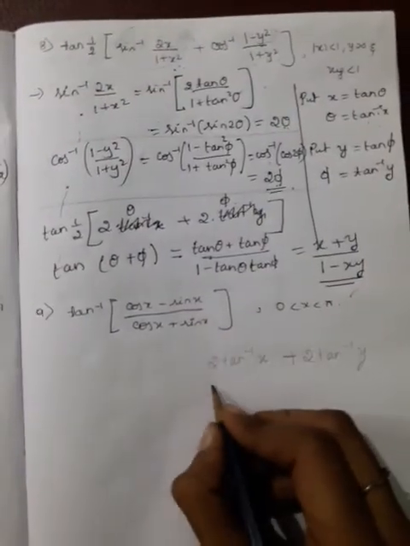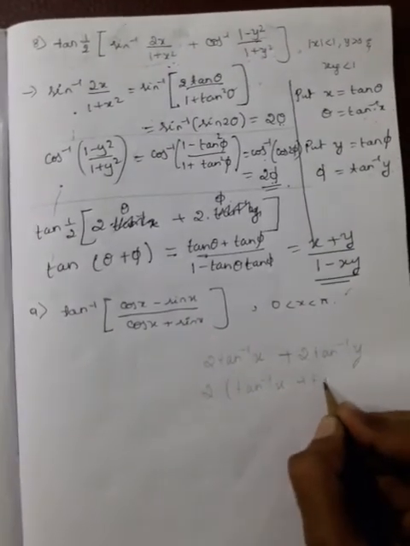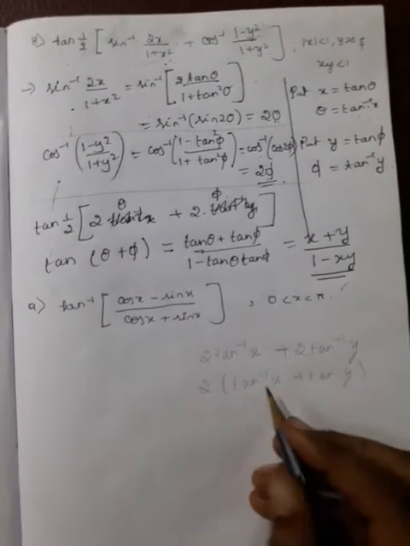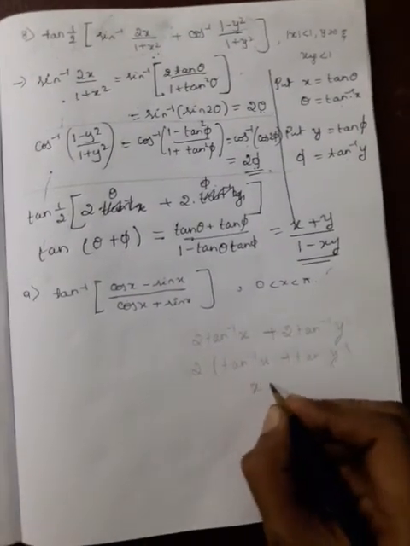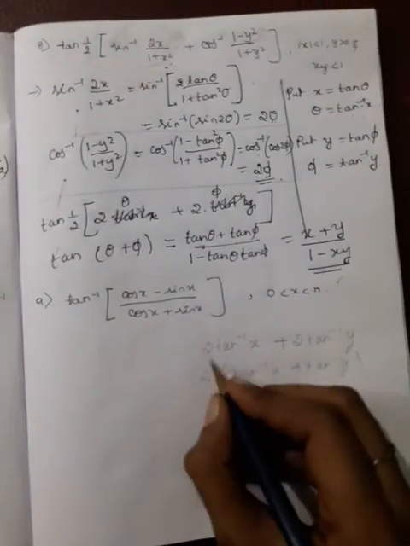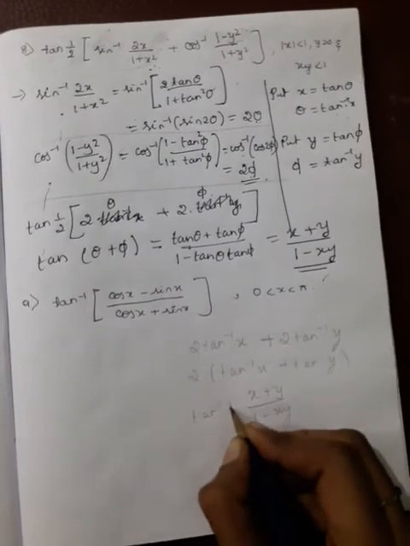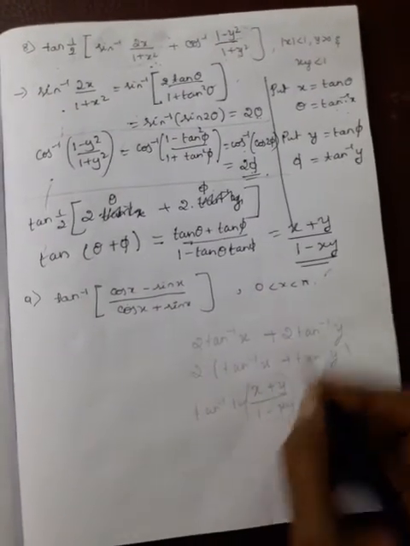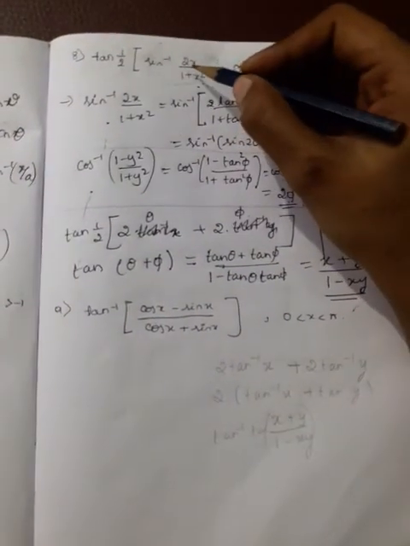What is common? 2 is common here. What is left? Tan inverse of x plus tan inverse of y is left. You know the formula of tan inverse of x plus tan inverse of y, that is x plus y divided by 1 minus xy. Correct? 2 gets cancelled. Tan of tan inverse of this one means this only is left. Understood? That is one easy method if you know the formula.